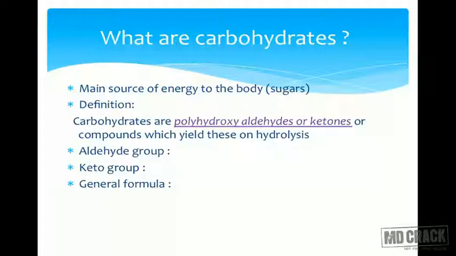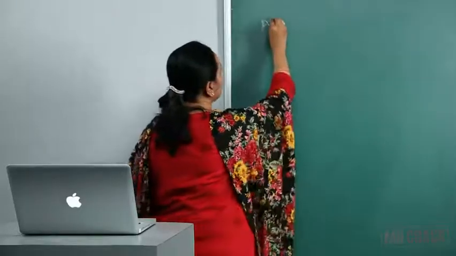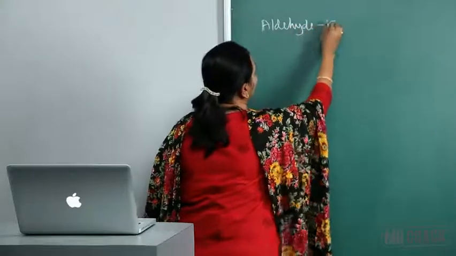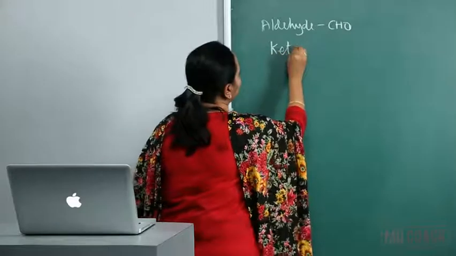So, what are carbohydrates? You all know that carbohydrates are the main sources of energy for the human body. By definition, how do we define carbohydrates? We say that carbohydrates are polyhydroxy aldehydes or ketones. That means they will have an aldehyde group and or a keto group.